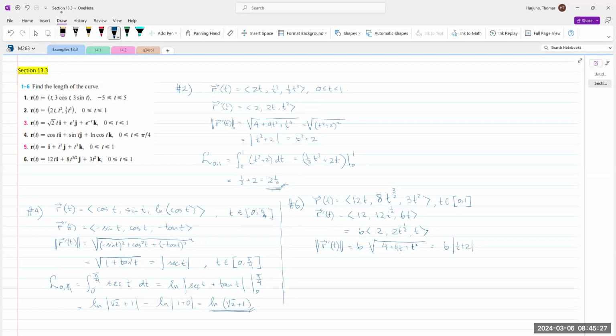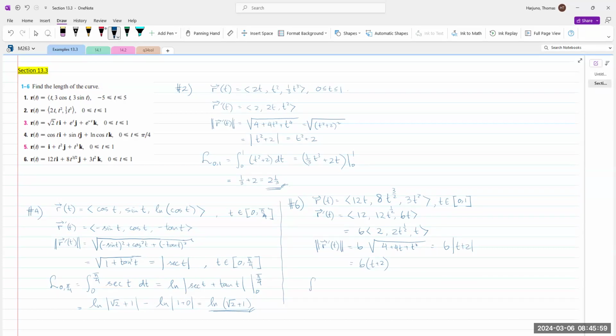Again, for t between 0 and 1, we can safely say that this is 6 times t plus 2, right? Just remember when you apply the square root of something squared, it is not that thing, it's supposed to be the absolute value, and you can just take away the absolute value only when you guarantee the quantity inside is non-negative. That's something we learned in pre-calculus though. Now then, come back here.